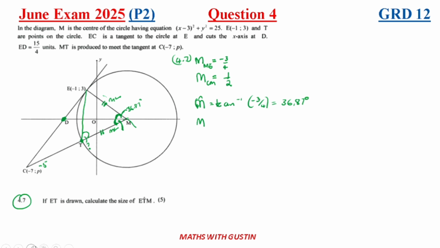Let's go ahead and use a different color for the sake of understanding. So with this one, we're calculating this one here. It's just gonna be the red M now. So the gradient of MC is equal to shift tan 1 over 2.